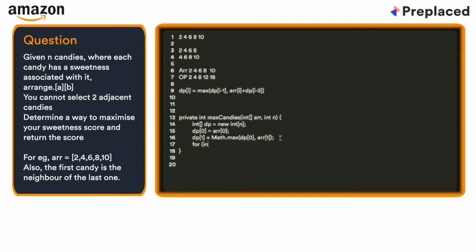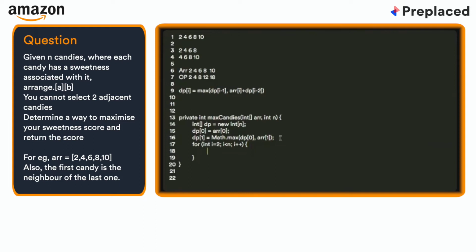Now I will start from i equals 2, i less than n, i plus plus. I have to also keep track of max, but I'll do it in the last step.